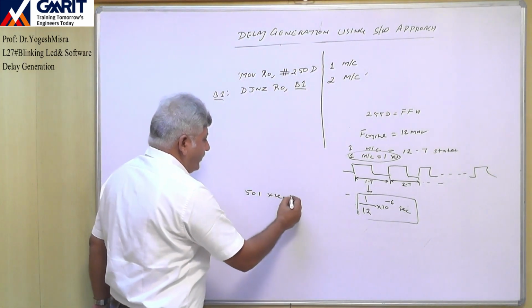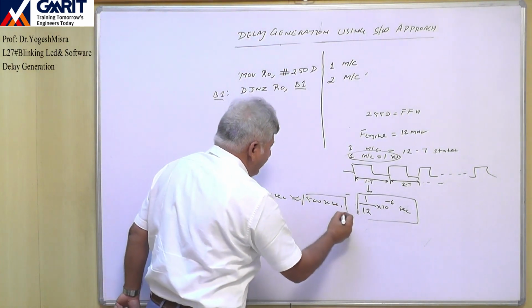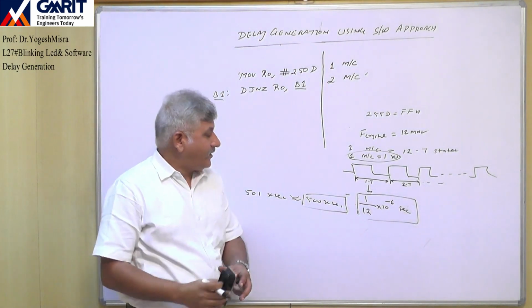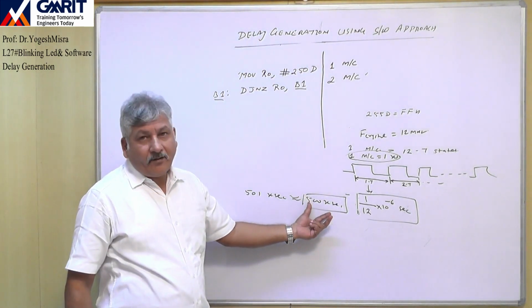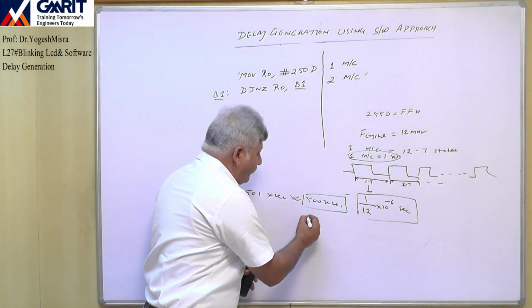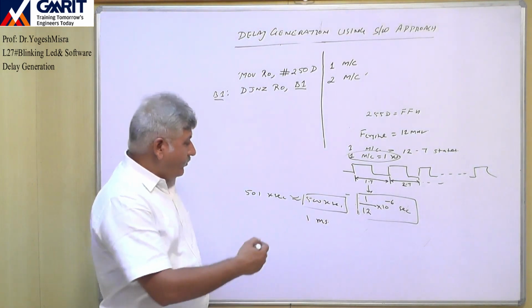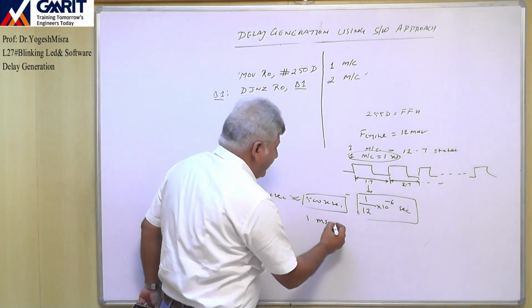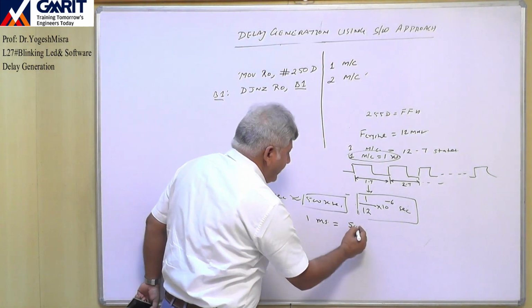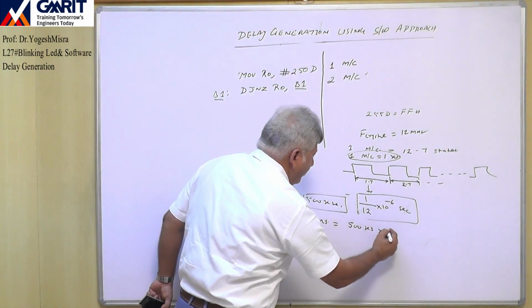So suppose this is 500 microseconds. These two sets of instructions are generating 500 microseconds, and we want to generate 1 millisecond.